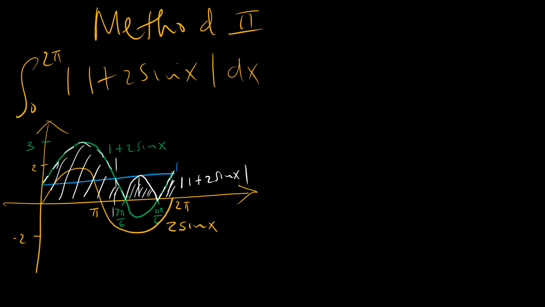This pi is supposed to come up to somewhere here, but what we're seeing is that this area here is the same as this area here, and we can actually ignore everything on the upper side.